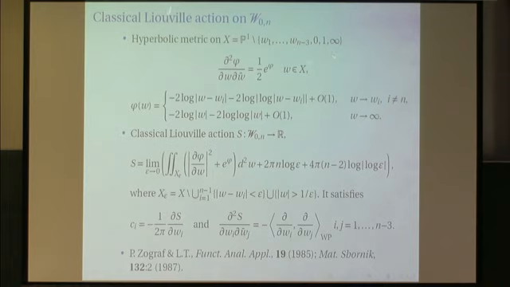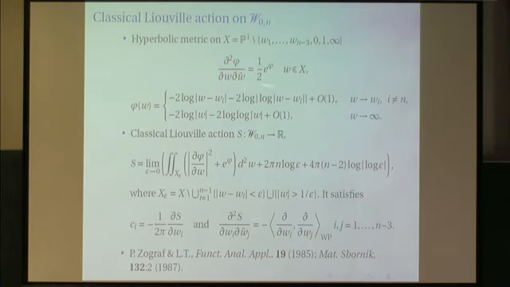We'll write the equation. You consider just the simplest Riemann surface, the Riemann sphere with n points removed. They are always normalized in this way, and then you consider the equation for the hyperbolic metric. This is called the Liouville equation, and that's why the name Liouville appears everywhere.